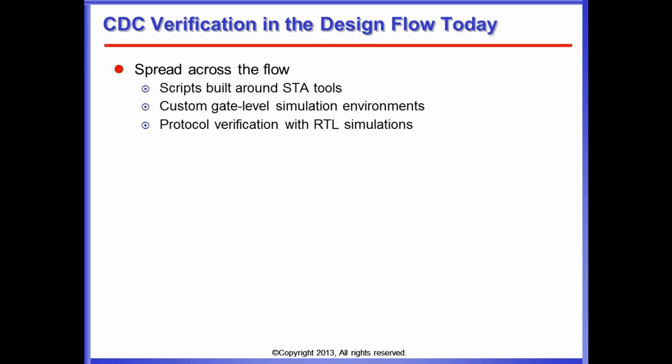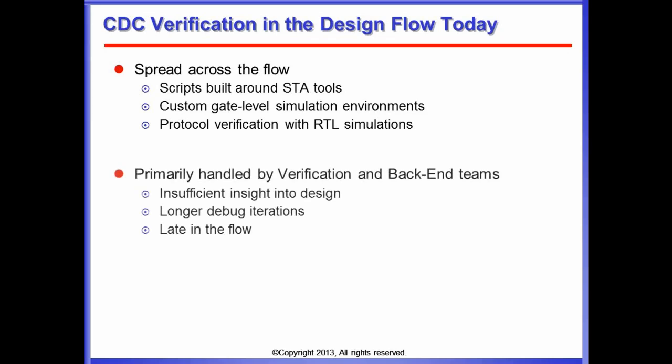Or this protocol design I showed you just before is checked just using RTL simulation. That leads to CDC checking in many cases happening after the implementation, where implementation, I call it synthesis. So you're working on the netlist, and it's done by the verification teams and the backend teams.